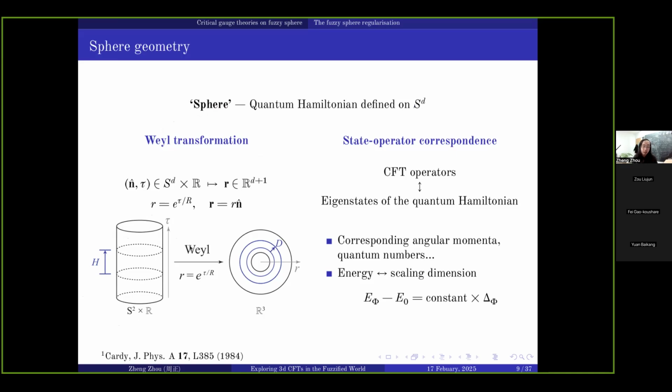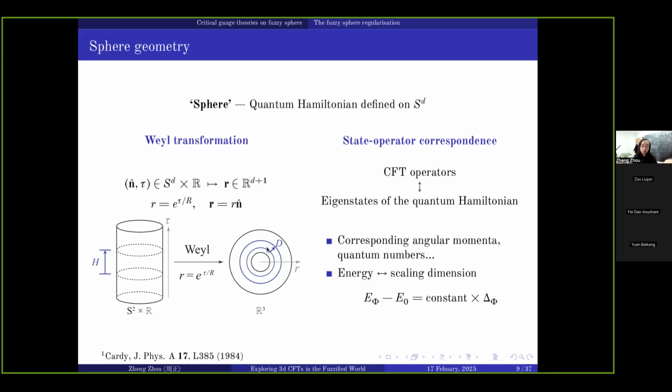That is to say, through a conformal transformation called the Weyl transformation, it can be transformed into a flat spacetime. So each time slice in the cylinder is transformed into a concentric sphere.